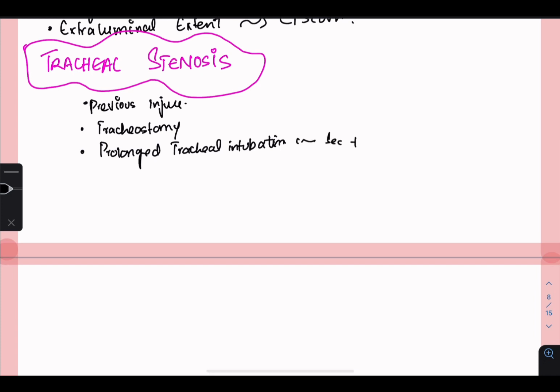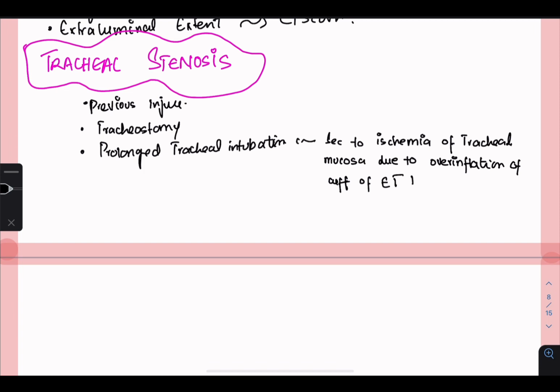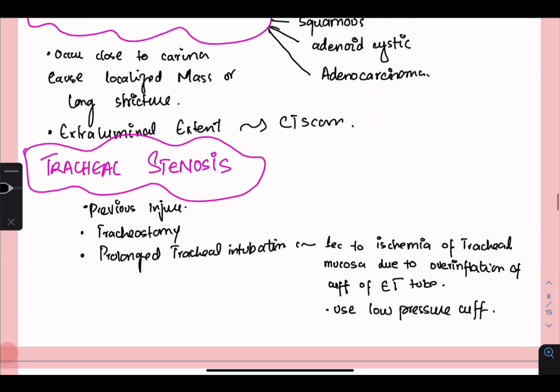Prolonged intubation causes stenosis secondary to ischemia of the tracheal mucosa due to overinflation of the cuff of the endotracheal tube. This complication can be prevented by using low pressure cuff endotracheal tubes.